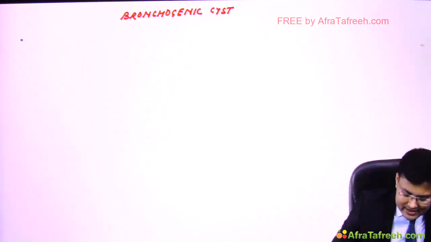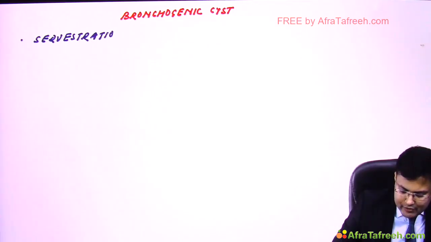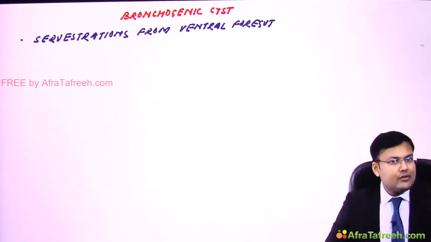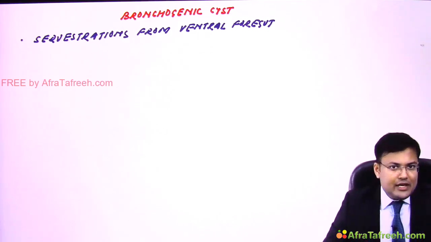Bronchogenic cyst originates as sequestrations from ventral foregut. Clear? And ventral foregut is an antecedent of tracheobronchial tree.